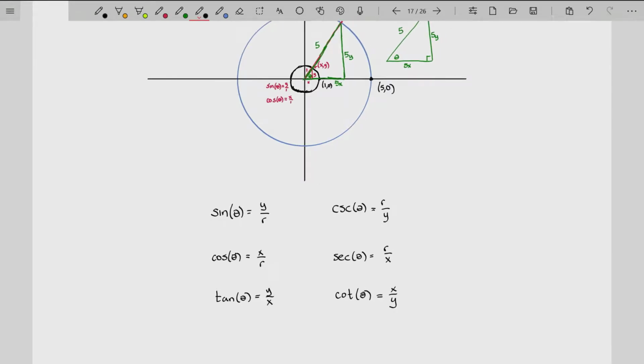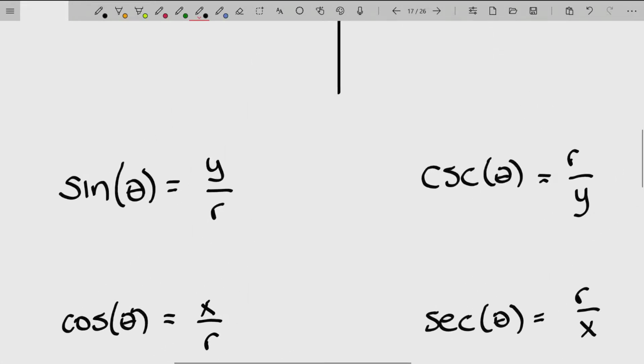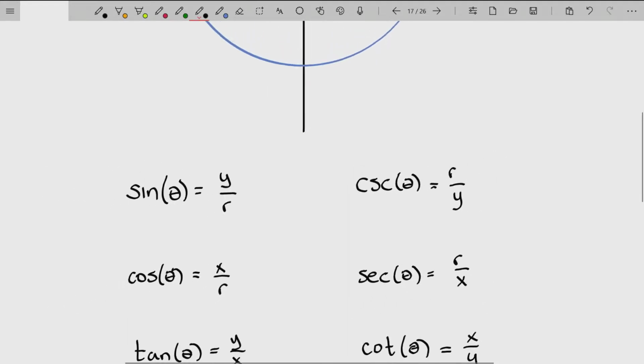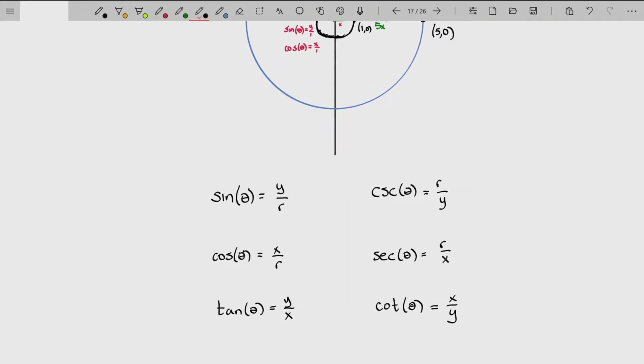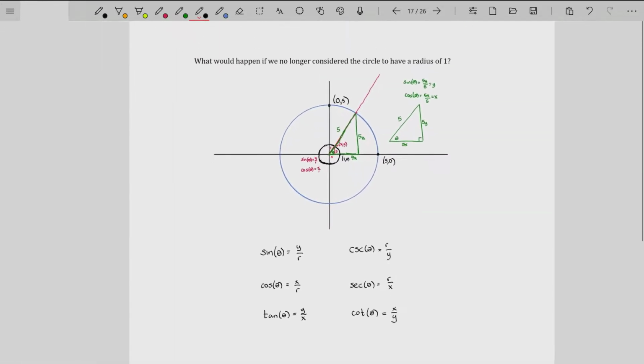So if you are working with a unit circle, the radius is 1, and you get sine is y, cosine is x, cosecant is 1 over y, secant is 1 over x, so all the definitions hold. But if you increase the radius, well, then you have a larger radius to consider.